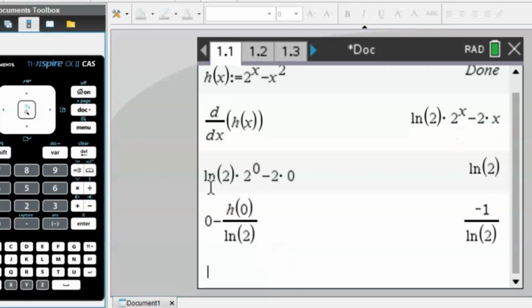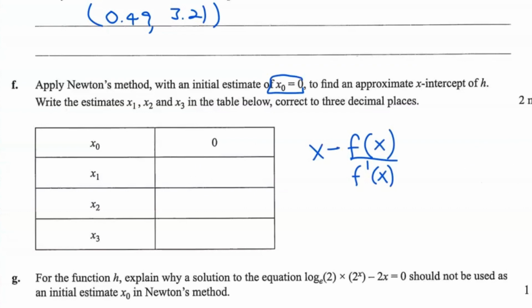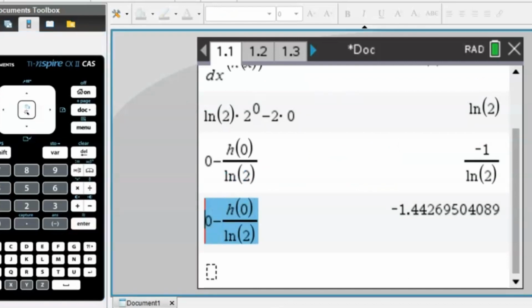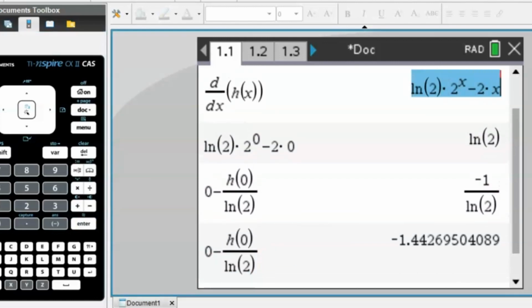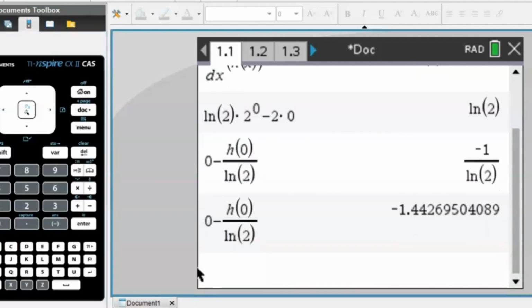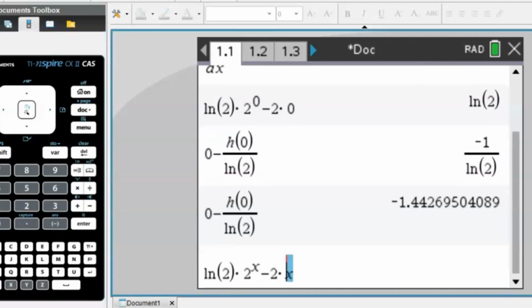Alright, now that's going to be as a decimal negative 1.443. I'm going to use that same answer. I'm going to get this one again, Control C, Control V. We're going to put that value of x.